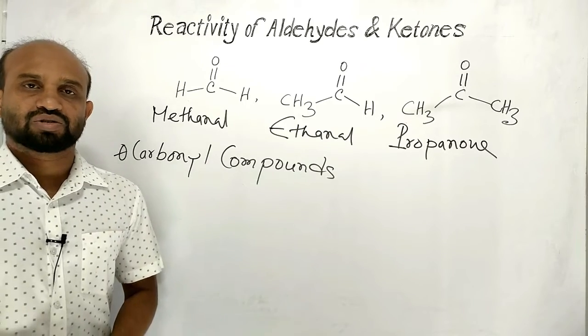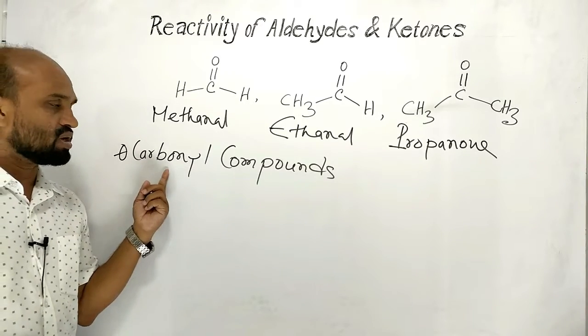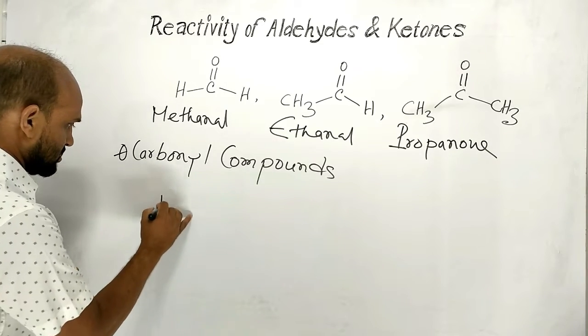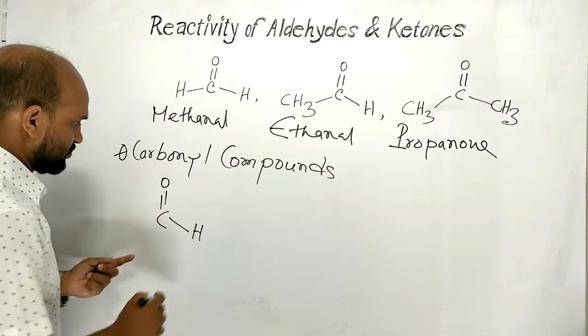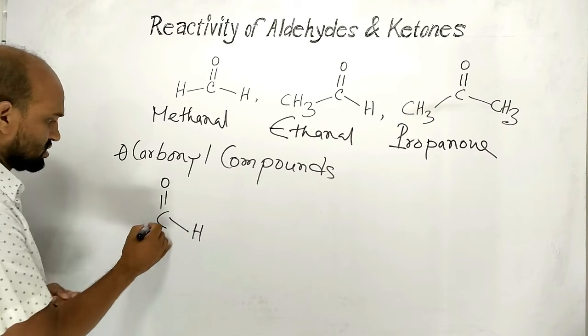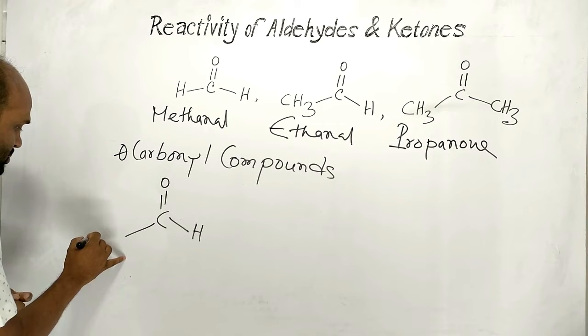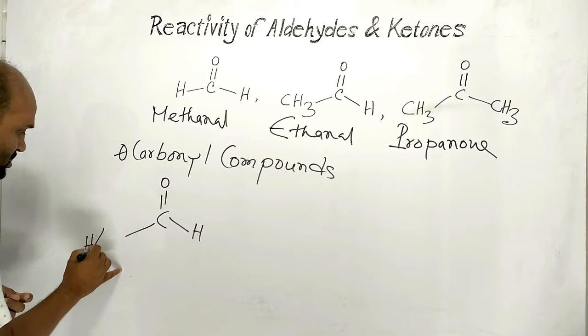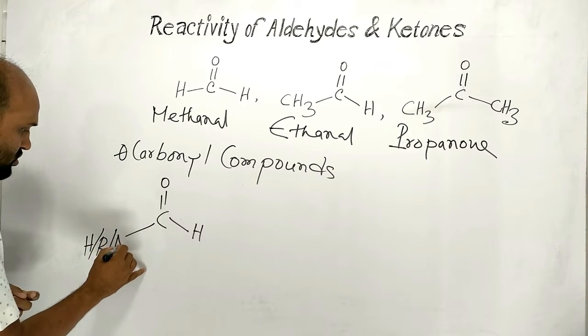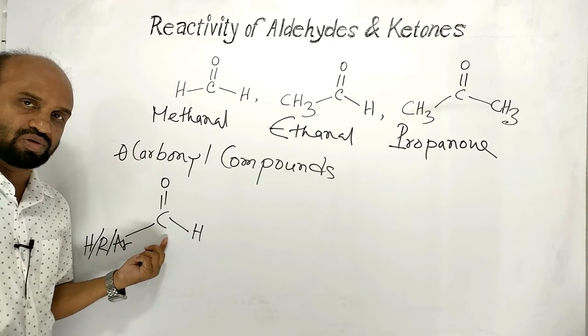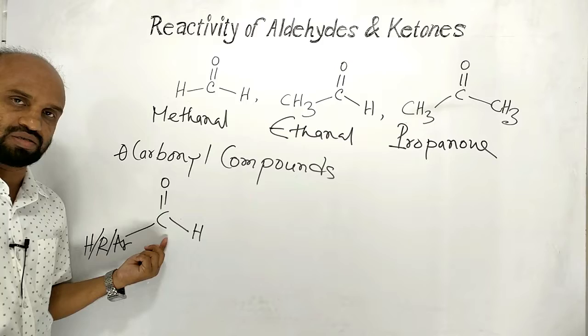First of all, let's try to learn what are carbonyl compounds. This is the functional group of aldehyde. When this hand is satisfied with hydrogen or alkyl group or aryl group, then the compound formed will be aldehyde.